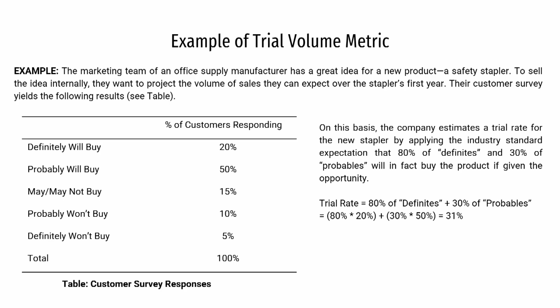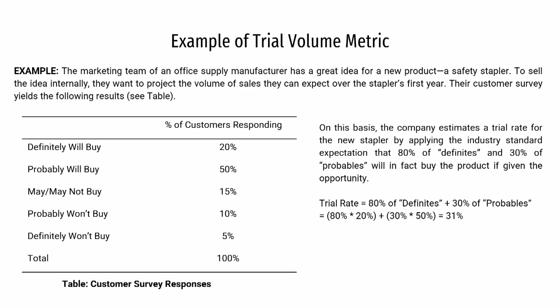We will not concentrate on may or may not buy, probably won't buy and definitely won't buy, because the number of customers coming from these categories is extremely unlikely. Even if some customers come from the may or may not buy category, it is insignificant.